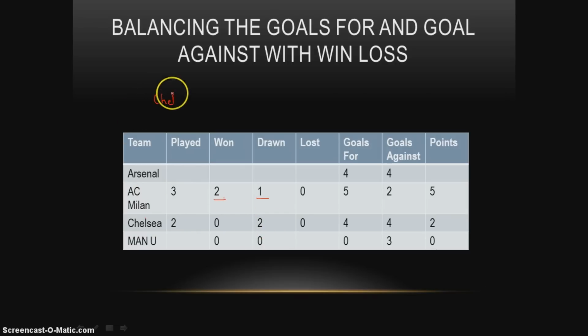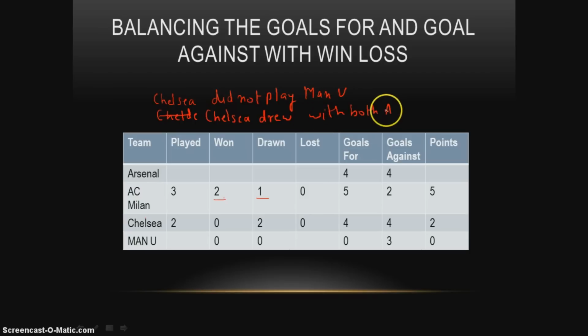We also know that Chelsea did not play against Man U, which we just concluded in our last slide. So Chelsea, since it did not play against Man U, that means Chelsea drew with AC Milan and Arsenal.